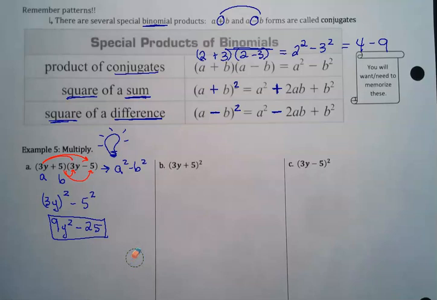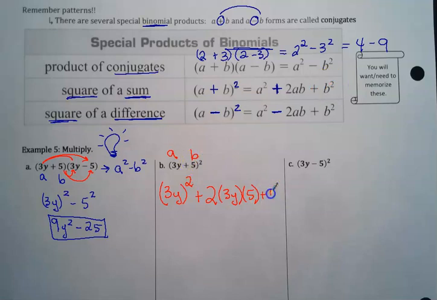Okay, so then let's try B. Which pattern does B meet? Good, B is the square of a sum. Okay, so again, our A term is 3y, our B term is 5 here. So we're going right here for this one. We're going to have a squared. So 3y is the term. We're going to square it. Plus 2 times a, which is 3y, times b, which is 5, plus b squared.